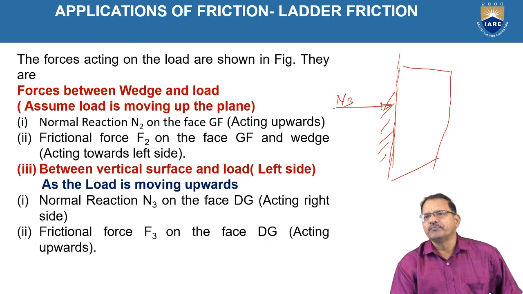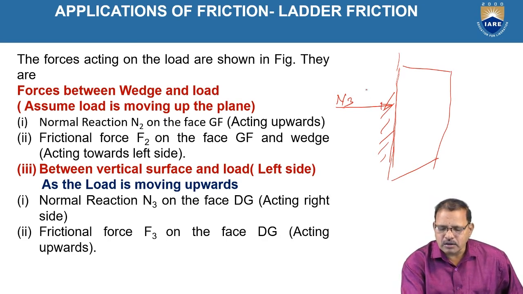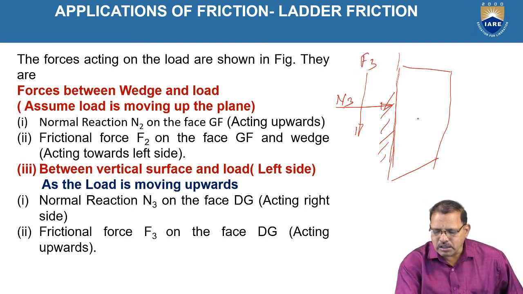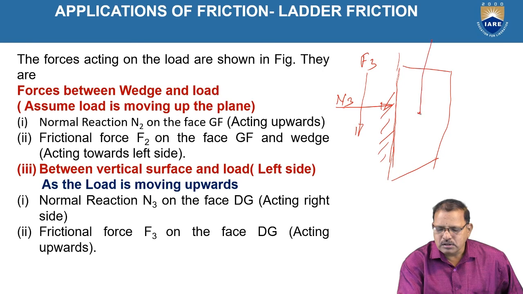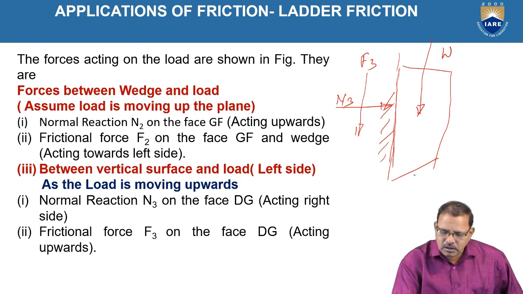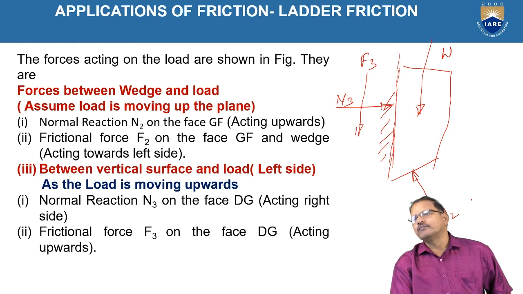Hence, the friction force is acting downward directions. The weight is also acting downward directions. Here, the normal reaction is acting here. N2 already we have taken, it is common.